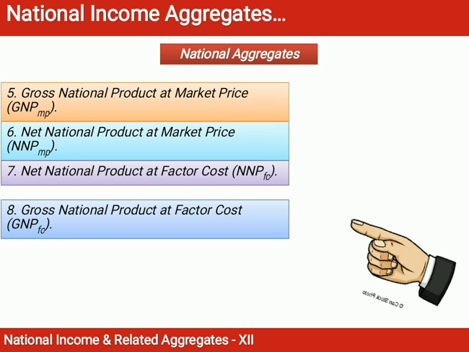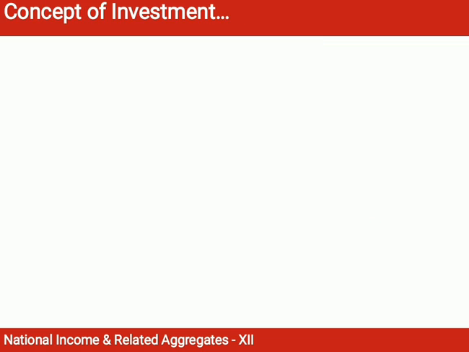In domestic income, we consider all producers within the domestic territory of a country. But in national income, we consider all producers who are normal residents of a country. That means domestic income does not include net factor income from abroad, and national income includes net factor income from abroad. So these are the four domestic aggregates and four national aggregates.